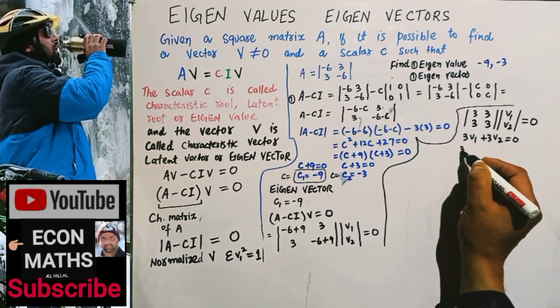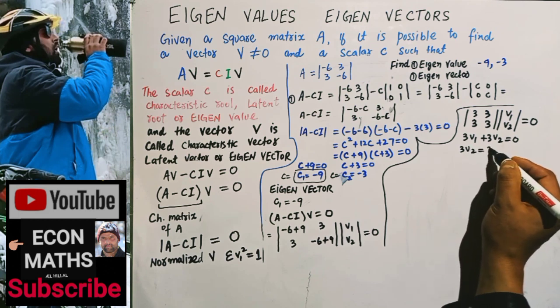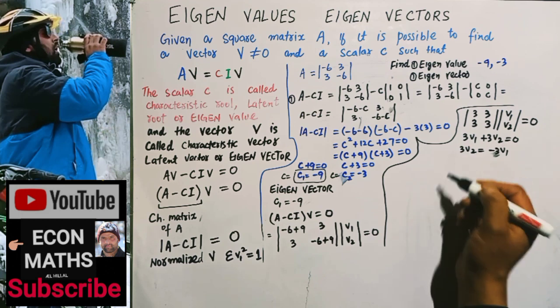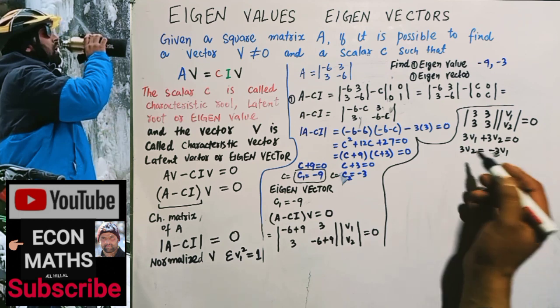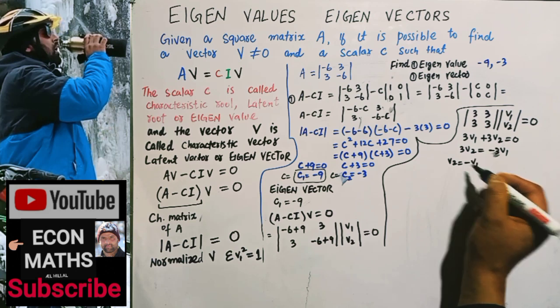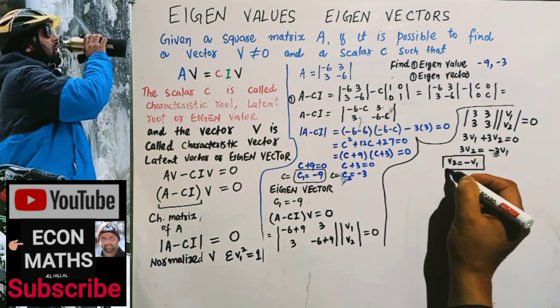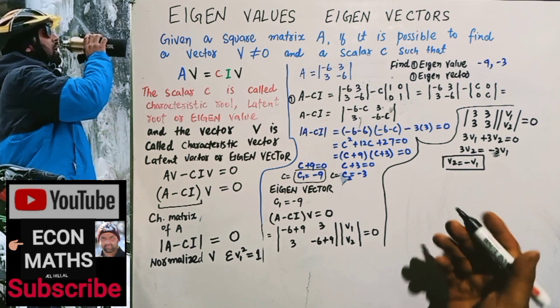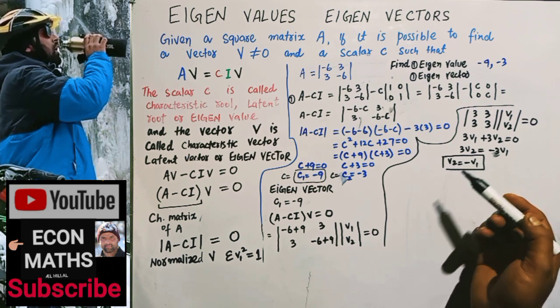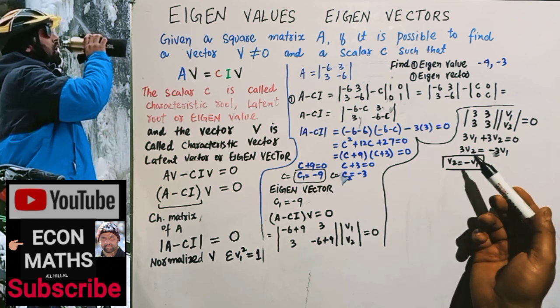Now let us write 3v2 is equal to minus 3v1. So cancelling 3 on both sides, we will get v2 is equal to minus v1. As I have told you, we will get infinite number of solutions here.